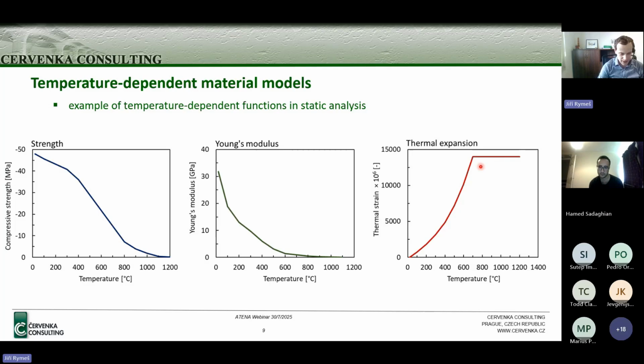However, one important note on this topic. Usually, when users develop their model in ATENA, we advise them to go step by step and gradually increase the complexity of the model, meaning that, for example, first you create a geometry, apply some elastic material properties, some simplified loading, and try to validate the behavior of the model to see if everything works correctly.